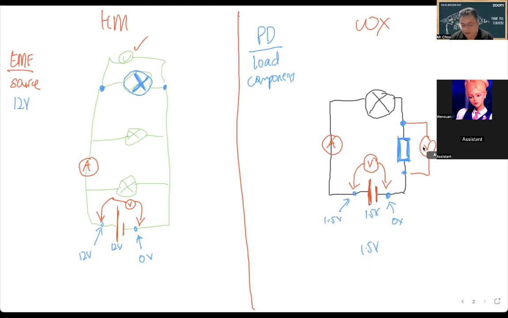All say low. Okay, let's assume the resistance of this voltmeter is low.